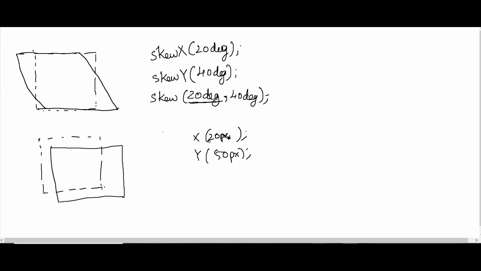In front we give translate, so translate x 20 pixel, translate y 50 pixel. If I want to combine both, simply give translate in bracket 20 pixel comma 50 pixel. This can be given for any paragraph or div.